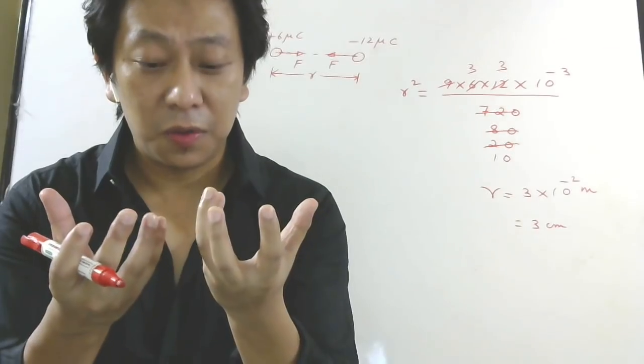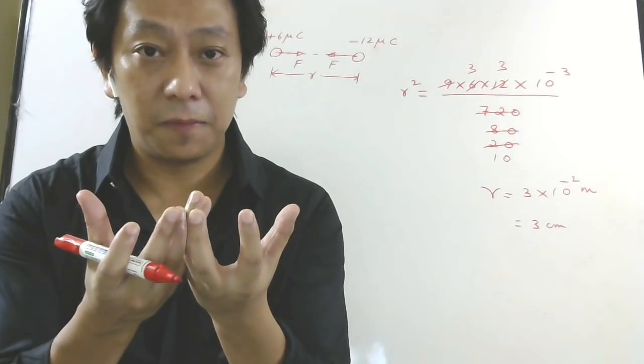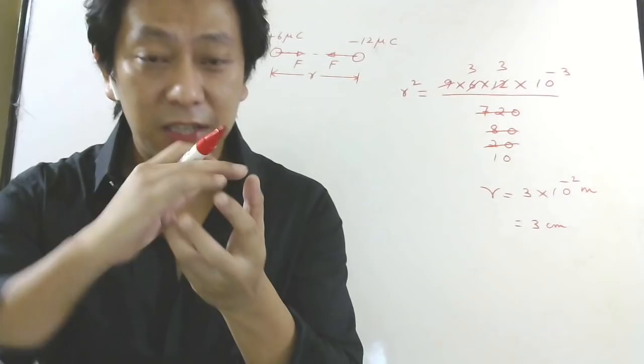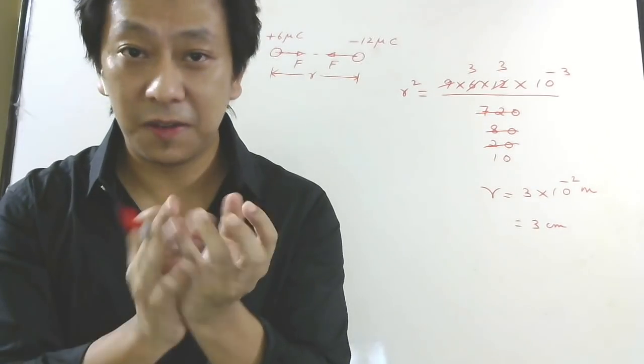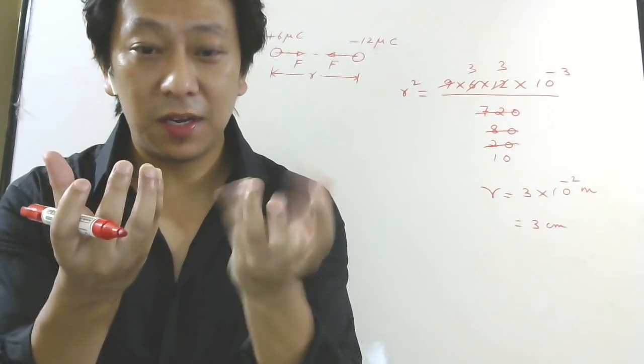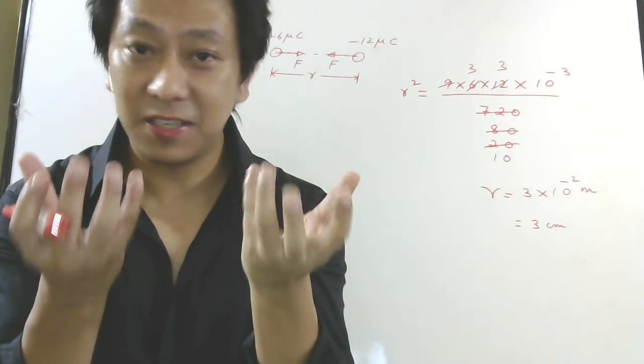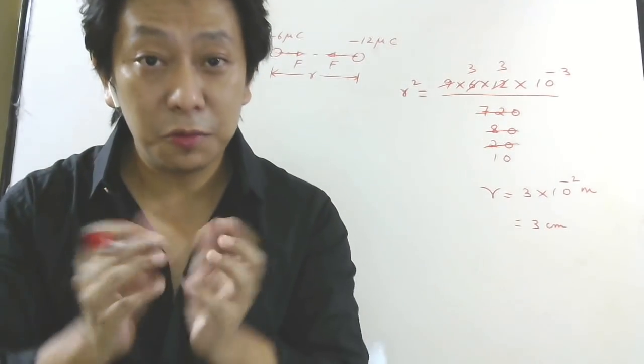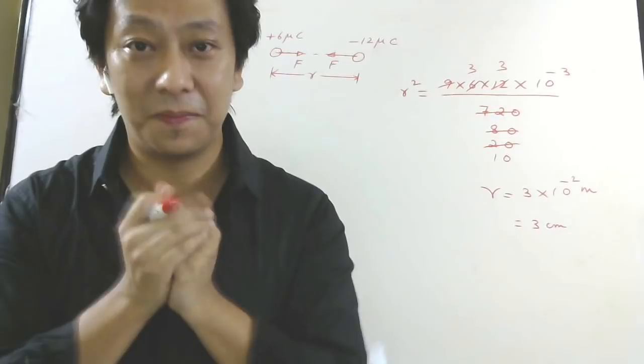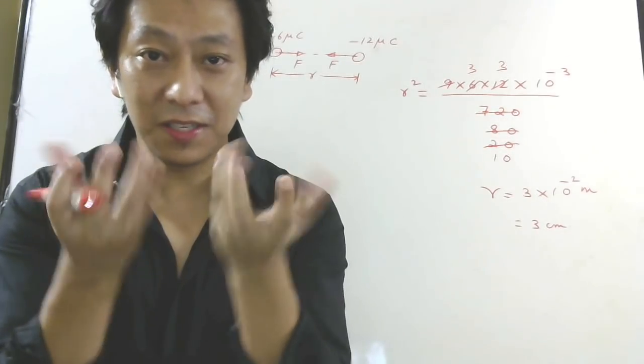When you bring them in contact, you know that the charge stays on the outer surface. This one and this one have the same surface because their size is the same, so their capacity to hold the charge is the same.